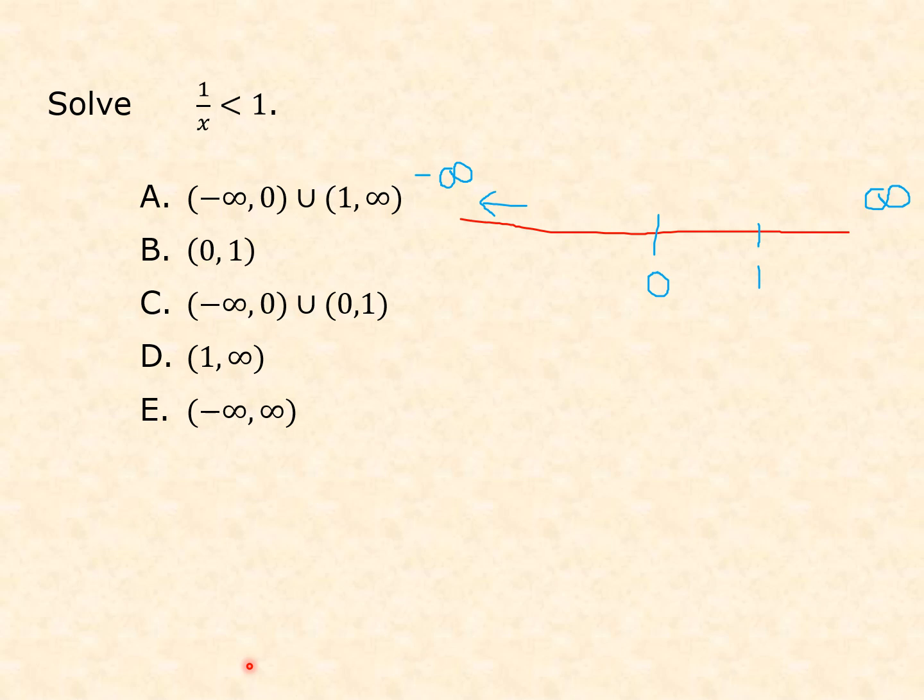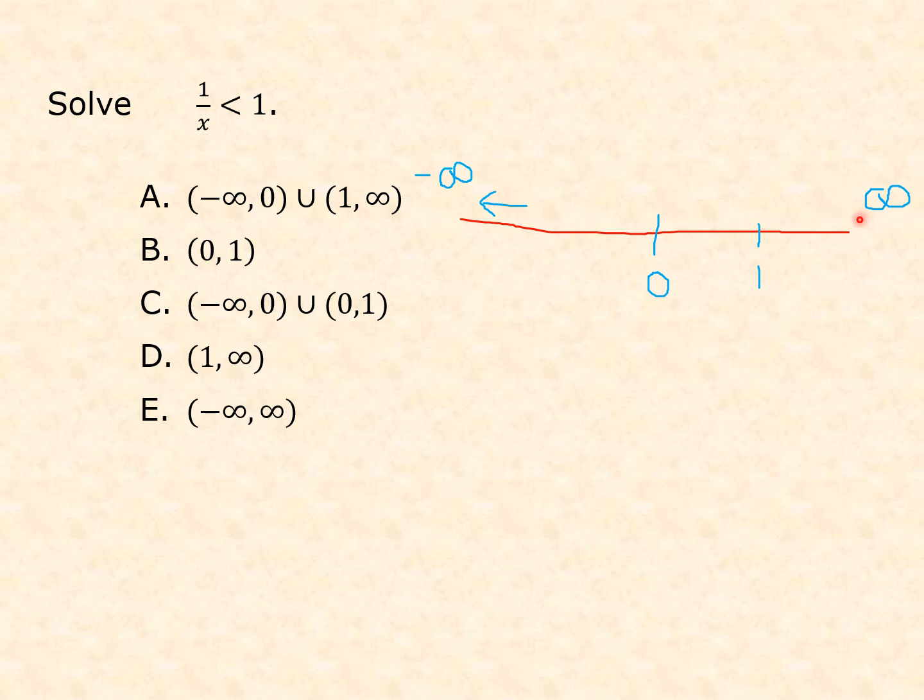Firstly, since x is in the denominator, it cannot be equal to 0, because if the denominator is equal to 0, then the whole thing, 1 over x, is not defined.